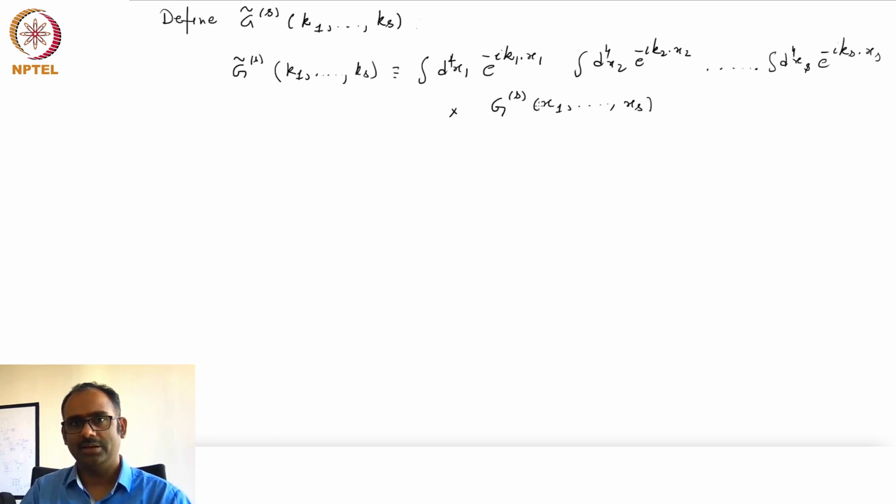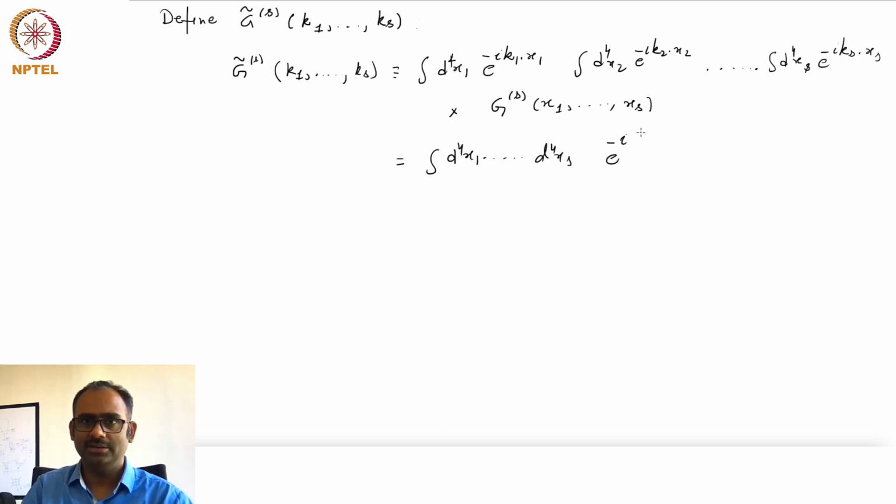I do a multidimensional Fourier transform, and the conjugate variables corresponding to x1 to xs are k1 to ks, and that is the general Fourier transform that you will write, which is the same as d4 x1 to d4 xs times e to the minus i (k1 dot x1 plus so on and so forth, plus ks dot xs), acting on G s of x1 to xs.